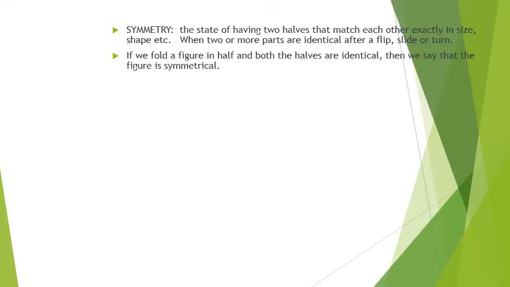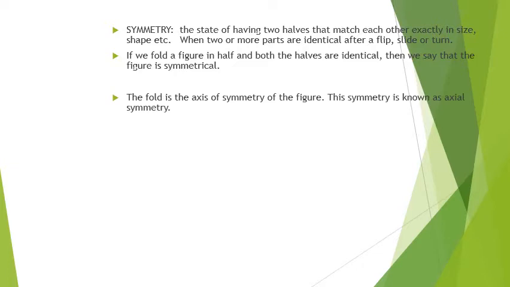Now, if we fold a figure in half and both the halves are identical, then we say that the figure is symmetrical. The fold is the axis of symmetry of the figure.